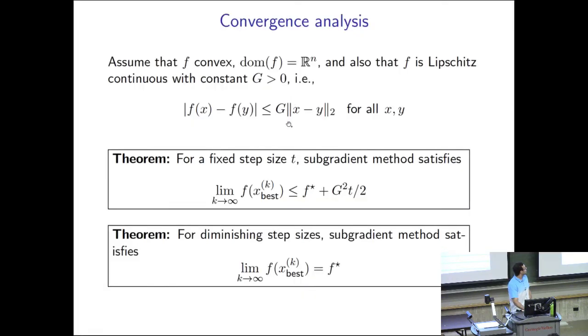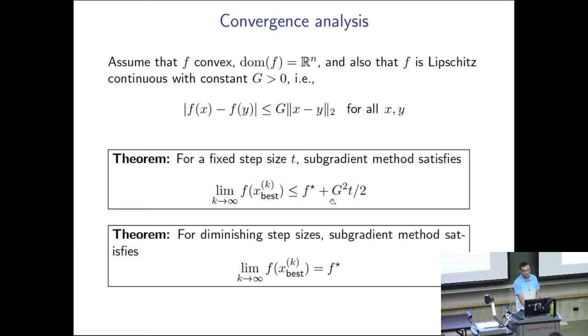Okay, so with this assumption, there's kind of a pair of theorems that we have for the subgradient method in terms of its convergence. The first is that for a fixed step size, so if I chose my favorite small fixed step size and I stuck with it, then if I run the subgradient method for arbitrarily long and look back at the best iterate that I've seen, I'm guaranteed that it's suboptimal by an amount g squared t over 2.